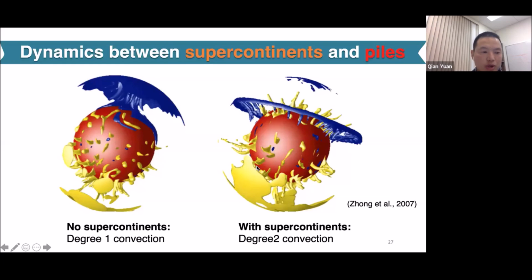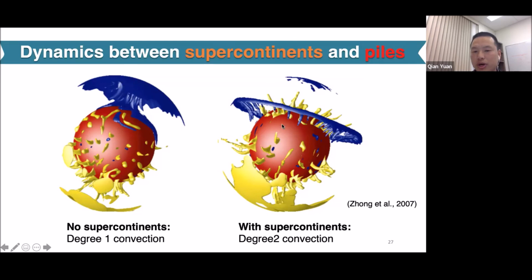I also want to highlight a great study by Zhong, and I know Zheng Xiang is also a co-author. You see that the blobs and the supercontinent have a very close relationship. In this figure, if you don't have supercontinents, then it's degree 1 mantle convection. The blue are cold downwellings, and these are hot upwellings.